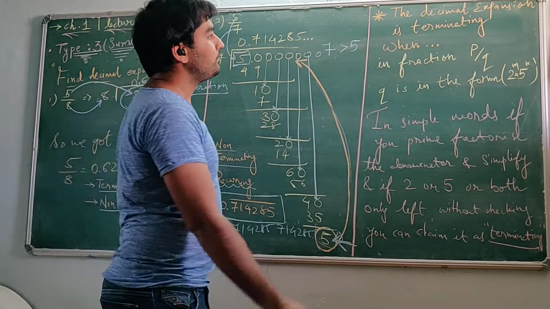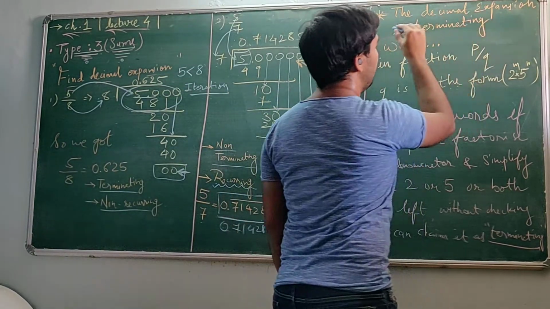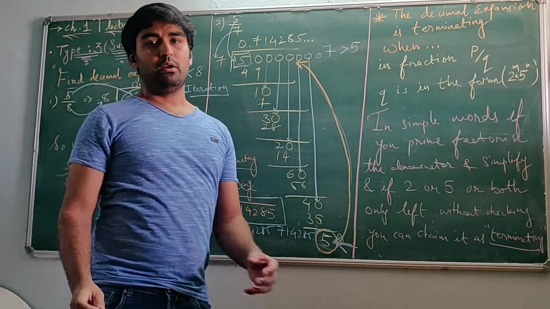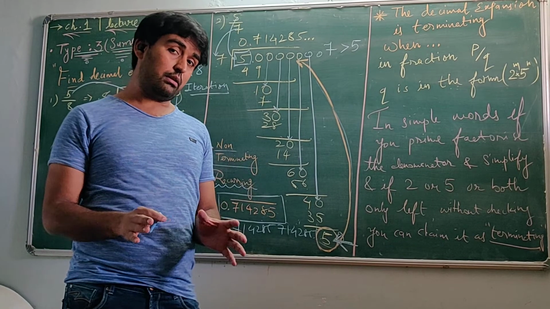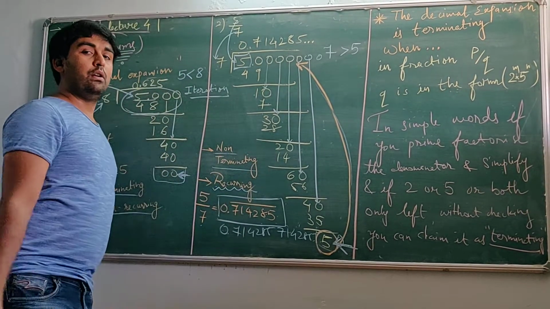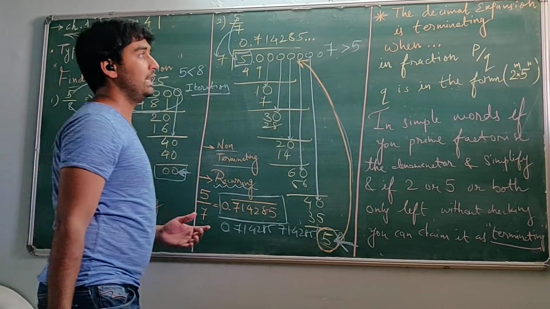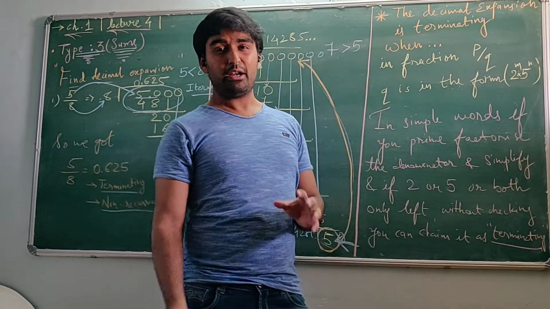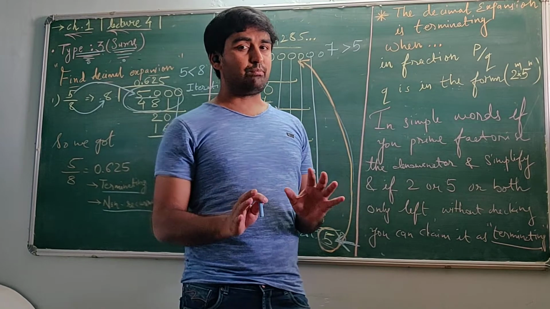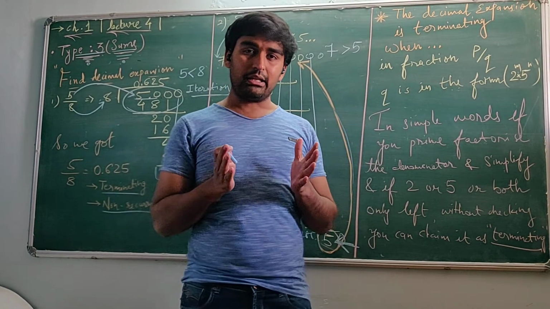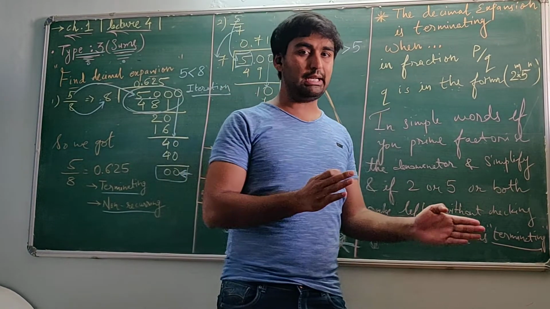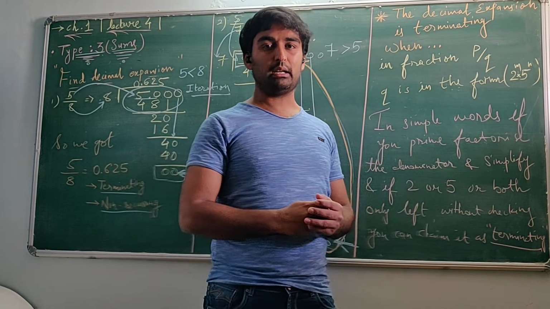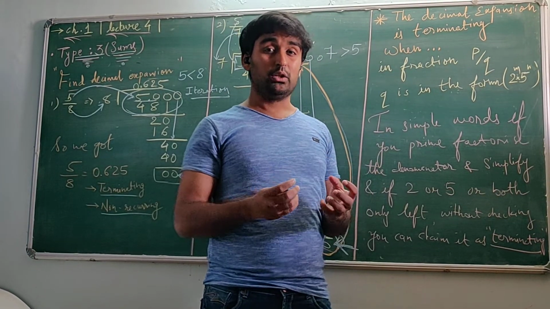Next topic is when the decimal expansion is terminating. Without checking the division, how can I come to know that the decimal expansion is terminating? I do not need to divide. Just by checking the question, I can claim whether it is terminating or non-terminating. What is the story behind it?